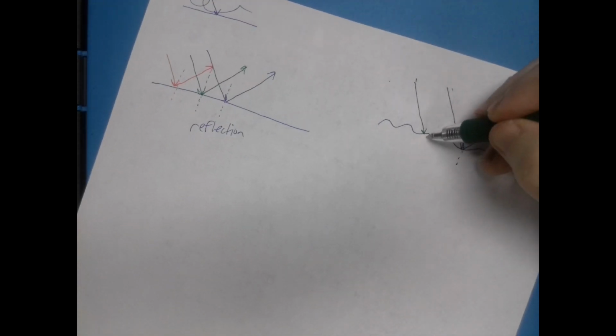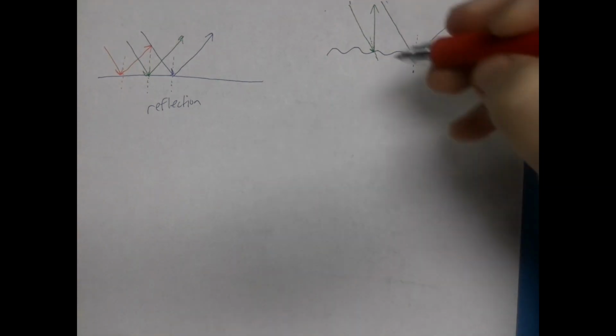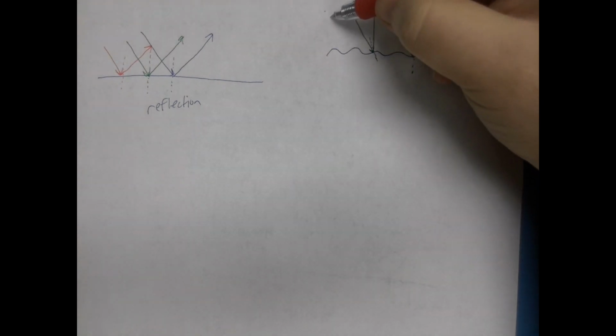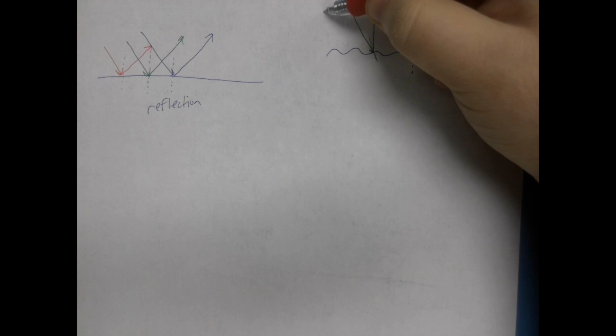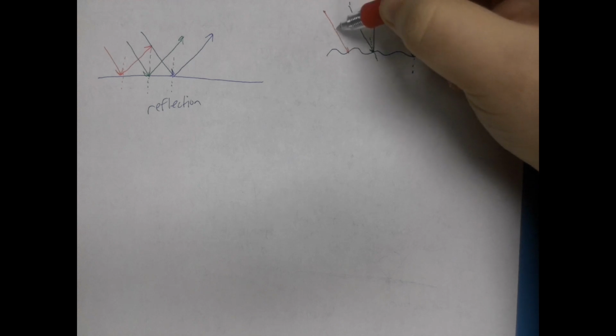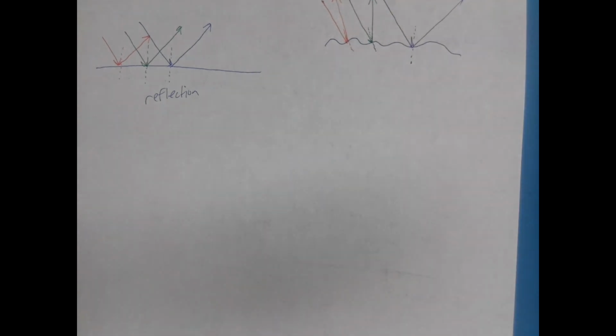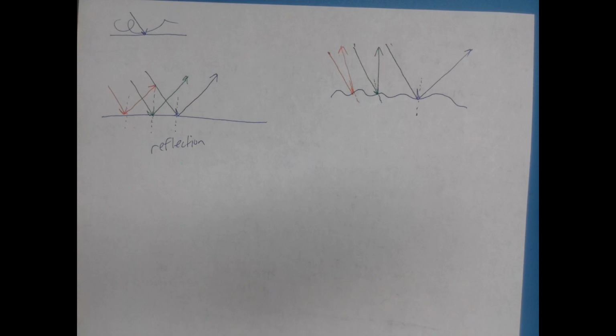Again, we have to do it as perpendicular. So the angle right here would be like that. And let's say another one comes in right here. So doing that, it would come back like that. So it gets scattered.